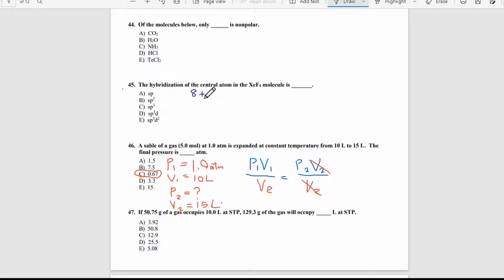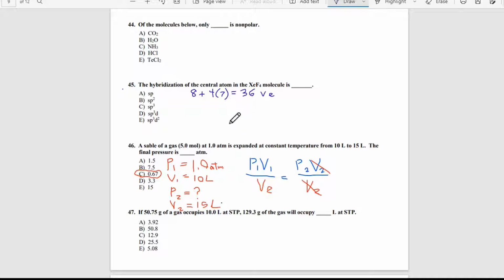Fluorine, if you look at its position in the periodic table, is in the column right before the noble gas, so there should be 7 valence electrons. There are 4 of them, so 4 times 7 is 28, plus 8 gives me a total of 36. This is how many valence electrons I have for bonding.